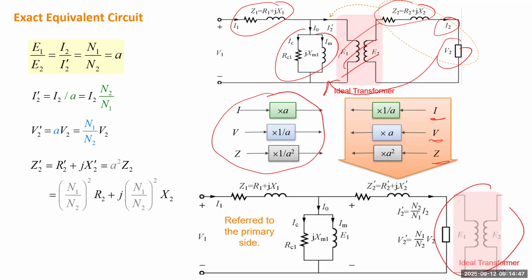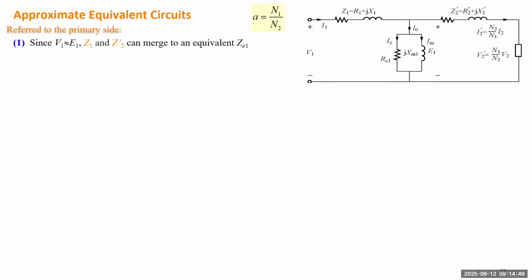In the following slides, there are two ways to further simplify the circuit. For instance, we can move the shunt branch to one side, to be directly connected to the source. By doing so, we can merge the two series impedances into a single impedance.